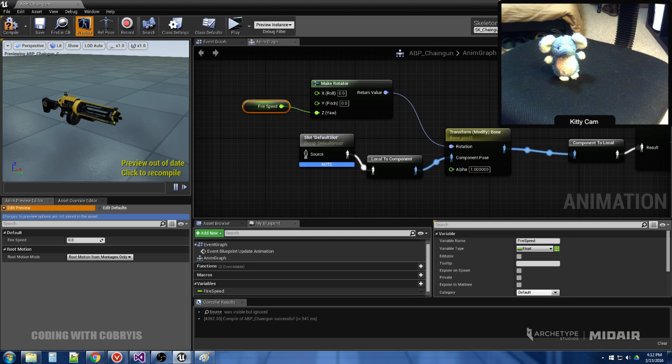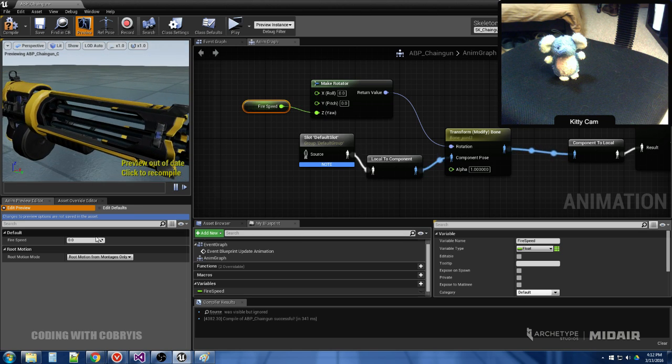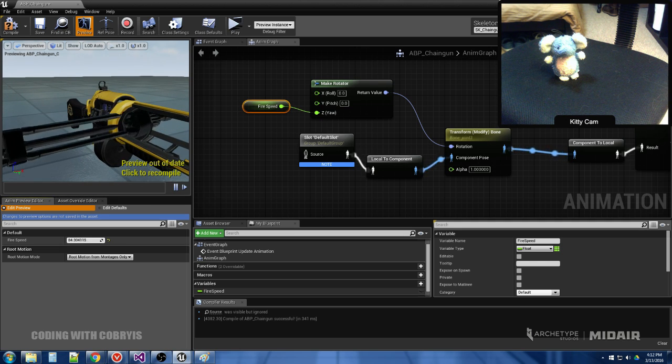Alright, let's test this real quick. Whoa, look at this. It's amazing. This is not working at all like I expected. I thought it would keep adding. Fire speed.